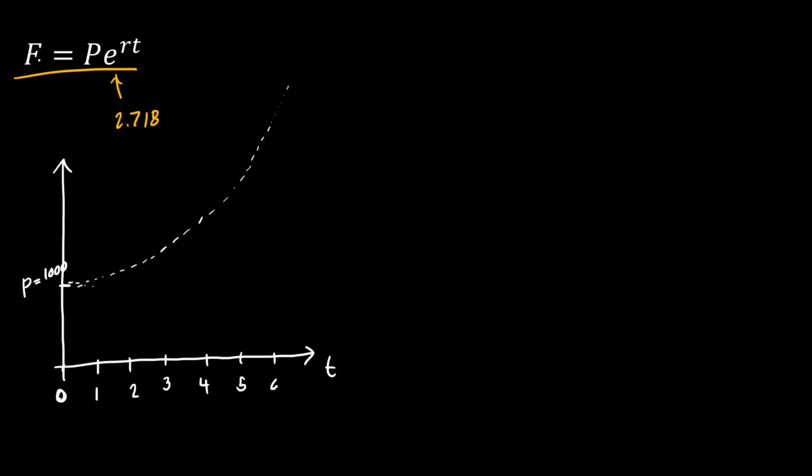In terms of using this equation, the P here is where the curve intersects the y-axis. For example, if you place 0 here for t, F equals P times e raised to r times 0. Anything raised to 0 is 1, so e raised to 0 is 1.